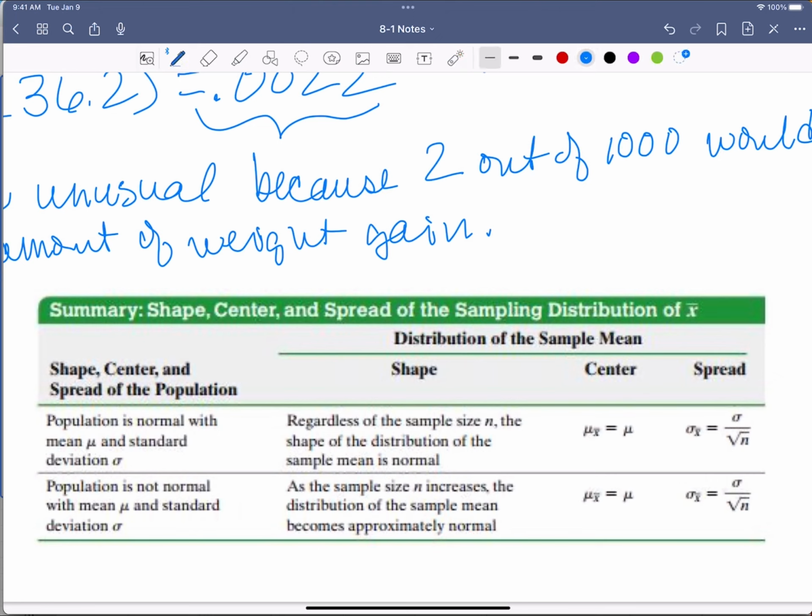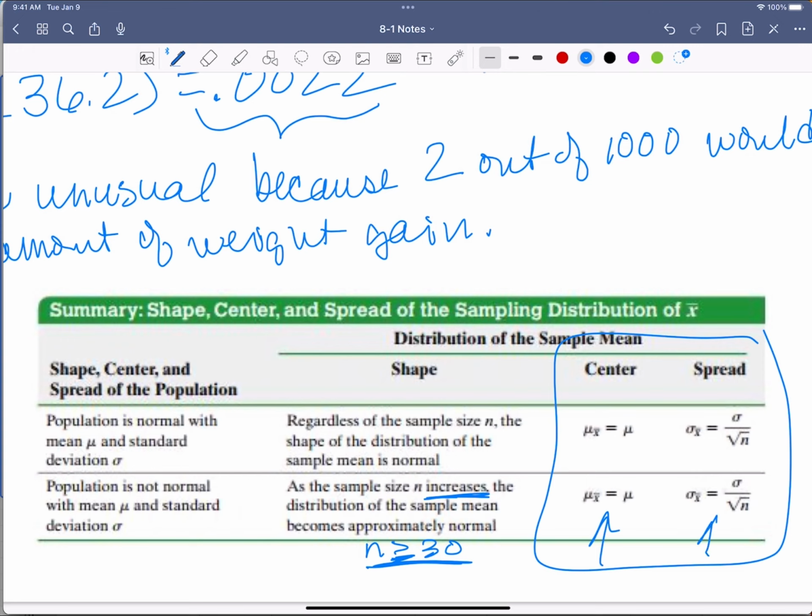What does that n have to be? Greater than or equal to 30. Good. So as it increases, even bigger than that, but a minimum of 30, then I can use this information. The center is the mean, the spread is my standard deviation, right? Okay, see? We're using all this previous information in our current lesson. That makes it so much more fun when we get to use our stuff we already know.